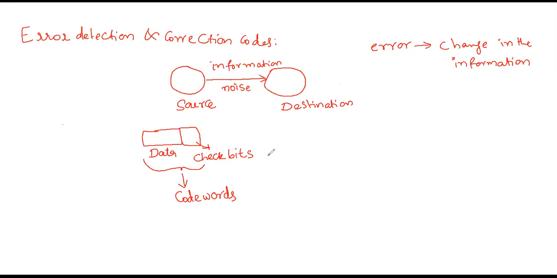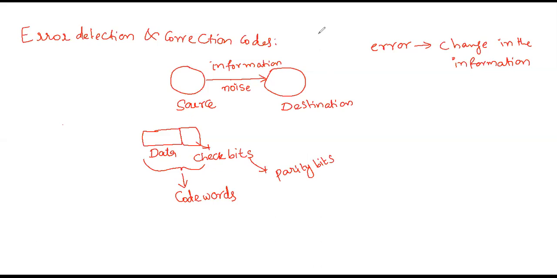Generally we use parity bits as check bits. So from the source, we try to transmit the code words to the destination.